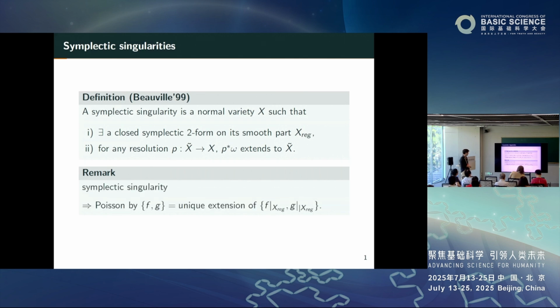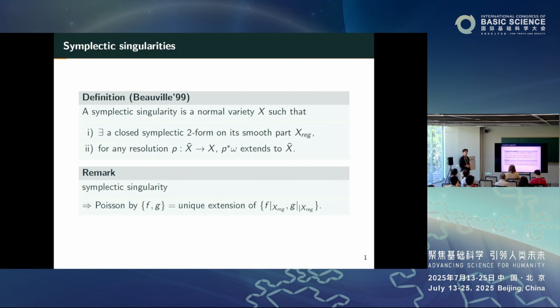So if X is a symplectic singularity, then it automatically becomes Poisson. And the Poisson bracket is just defined by the Poisson bracket defined on the smooth part, extended by using the normality.